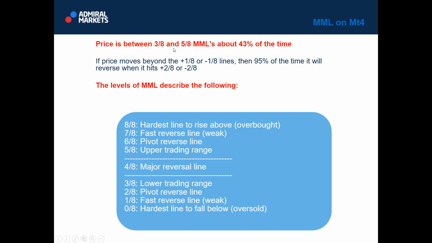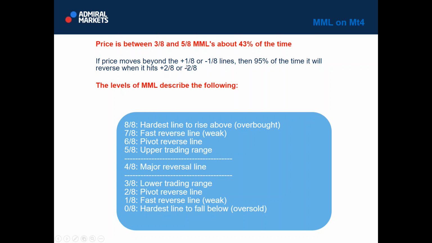So here there are the 3.8 and 5.8 lines. 3.8 is the lower trading range, 5.8 is the upper trading range. And the price will be gravitating between those two lines about 43% of the time.